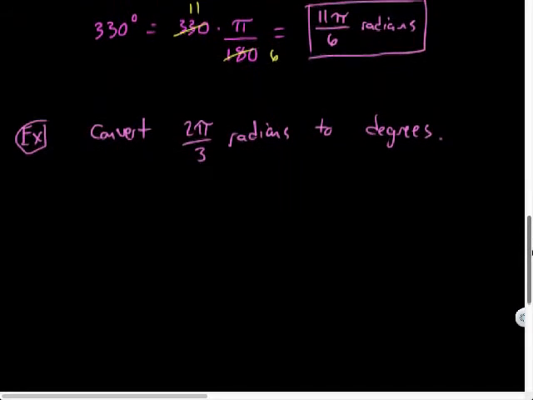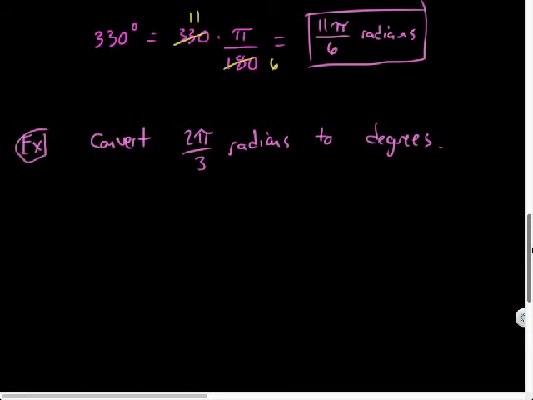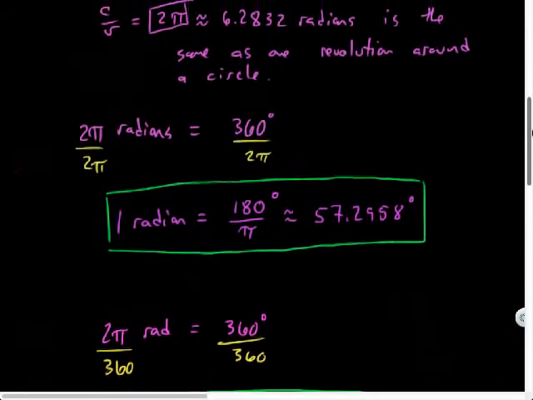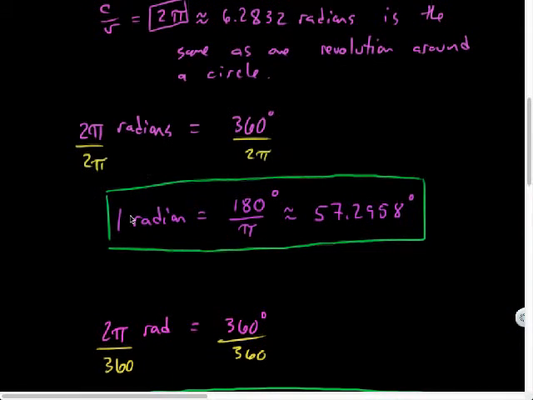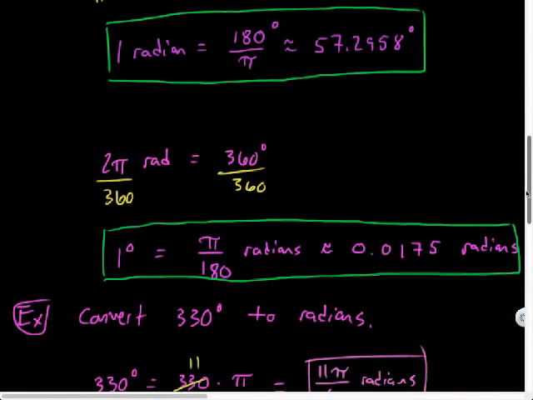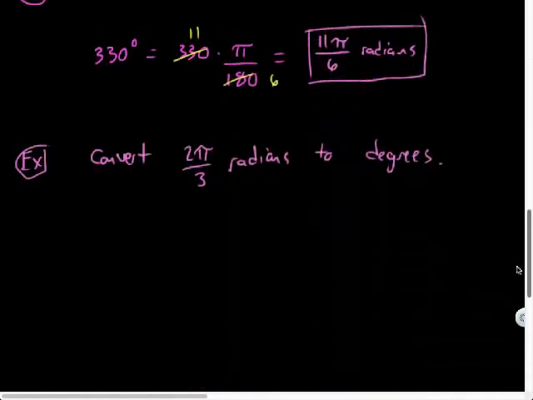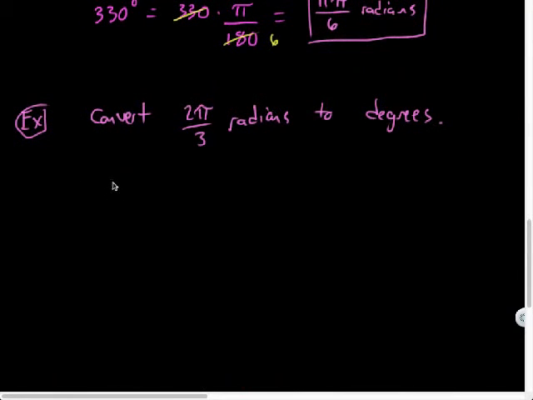So let's see, let's consider this. So 2 pi over 3 radians, well, if 1 radian is equal to 180 degrees over pi, I want 2 pi over 3 radians, so I could multiply this by 2 pi over 3 and multiply this by 2 pi over 3, and that will end up giving me the degree equivalent. So in this case, I'll take the 2 pi over 3, and I'm going to multiply by 180 over pi this time.